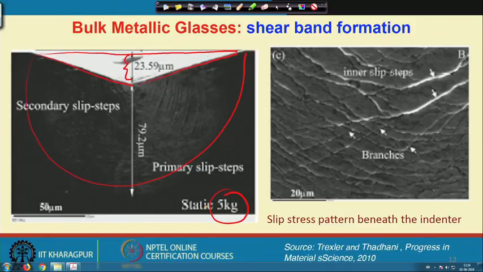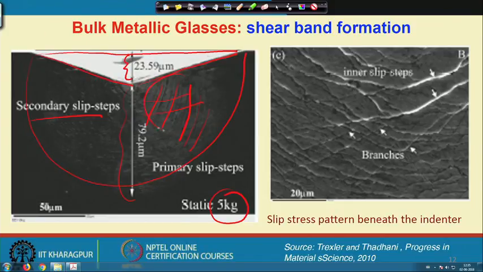So, we can see primary slip steps over a large zone, and also some secondary slip steps branching around the inner slip steps.